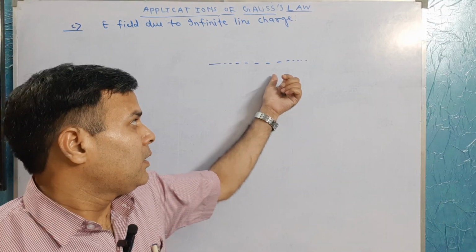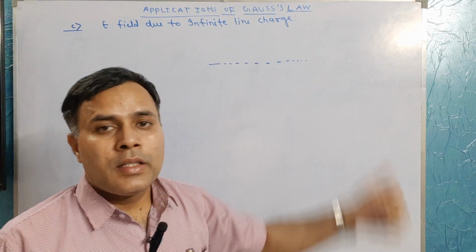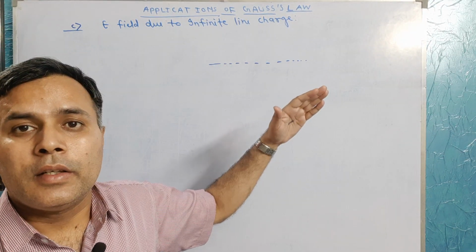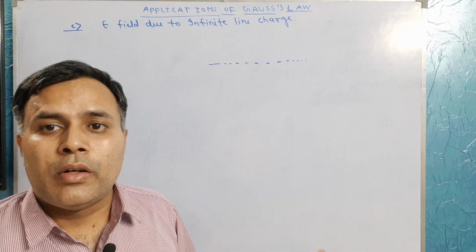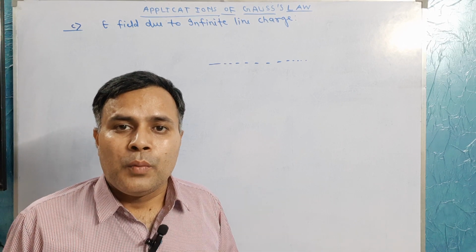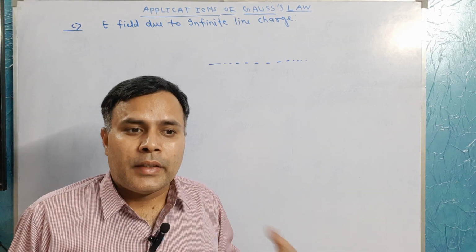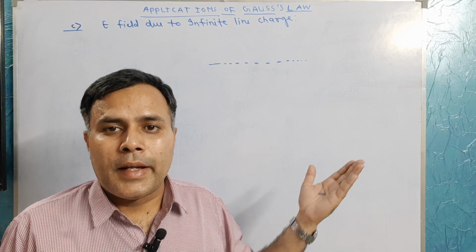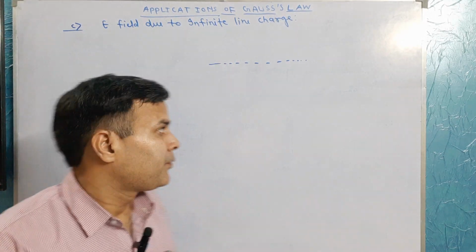In this case, we have an infinite line charge, so this is simply a cylindrical symmetry. In order to find the electric field, we have to draw a coaxial cylinder to analyze this problem.